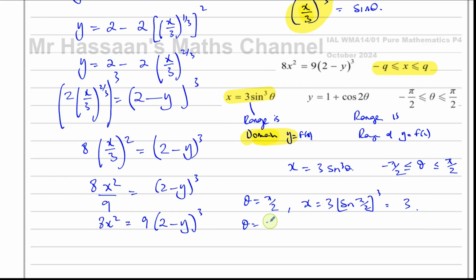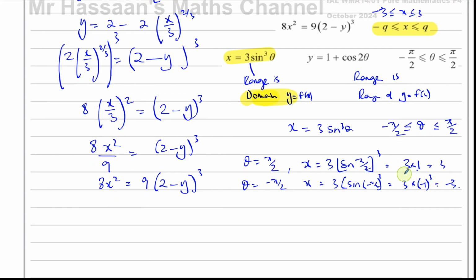And when theta is equal to negative pi over 2, sine of minus pi over 2 is minus 1. Minus 1 cubed is minus 1, so that's negative 3. So between minus 3 and 3, that's what it's going to be.